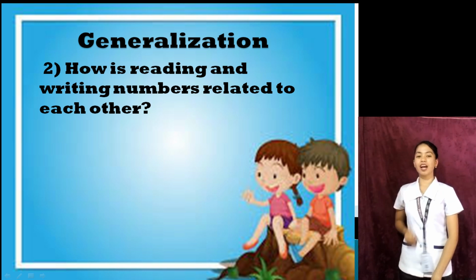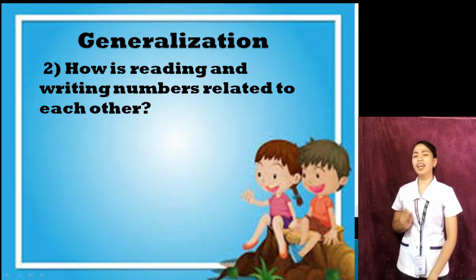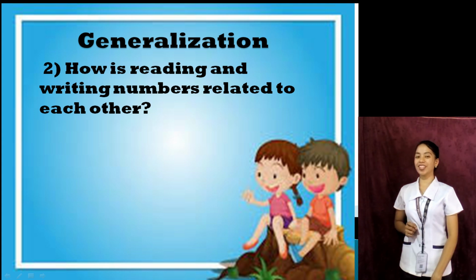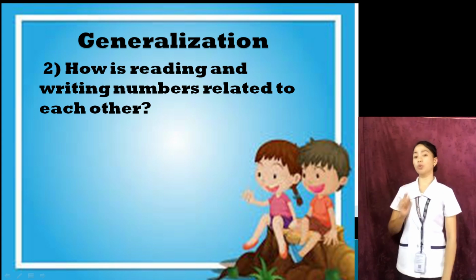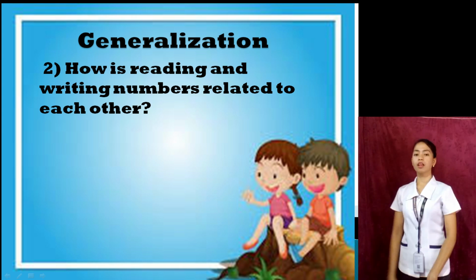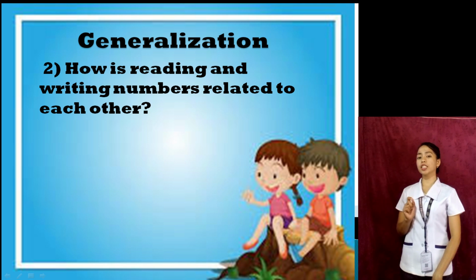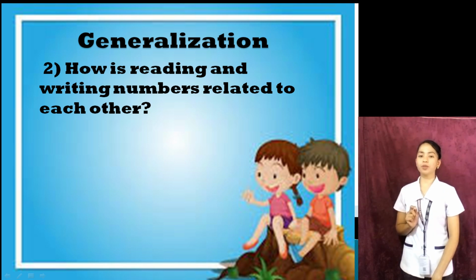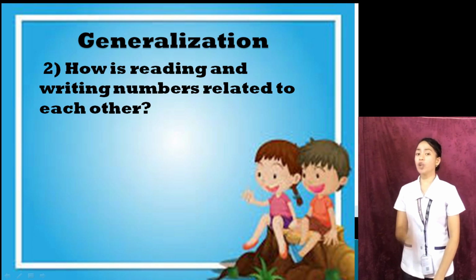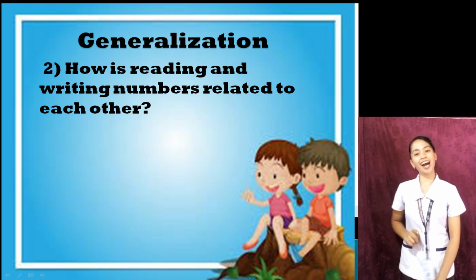Second question. How is reading and writing numbers related to each other? Okay, very good. It is related as you read and write just as you write it. Reading and writing numbers are the first step to read and write amounts of money. So you just have to be careful with the spelling and the use of comma, and also don't forget the hyphen.